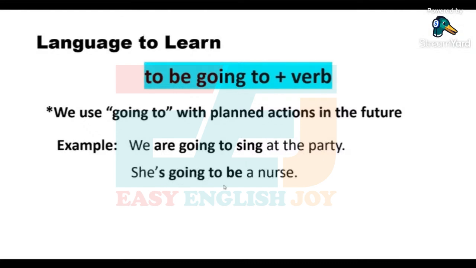Example number 2. She's going to be a nurse. As you can see, our subject this time is singular, which is she. Of course, our verb is, and we contract this. She's going to be a nurse. Number 3 example. This is a question.